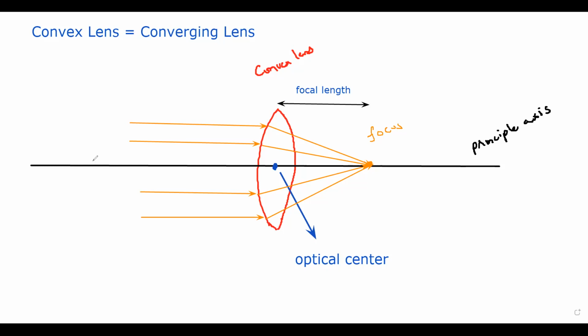The imaginary line which is passing through the center of the lens is called principal axis. The center of the lens is known as optical center. The point where all the light rays converge, we call that a focus, and we can represent this focus by F. And the distance between the center of the lens and the focus is known as focal length, which we can also represent by F.